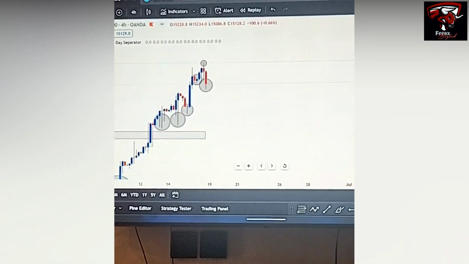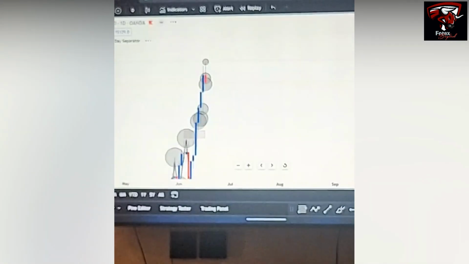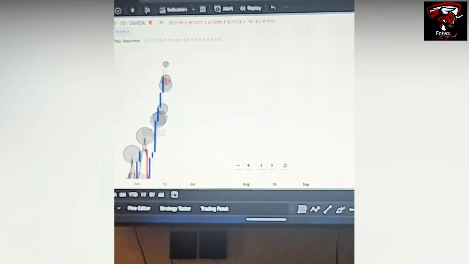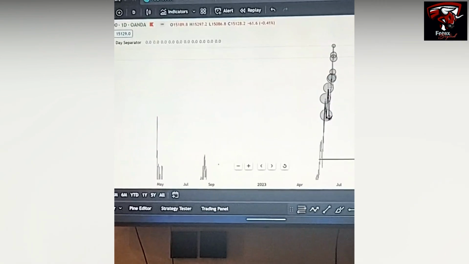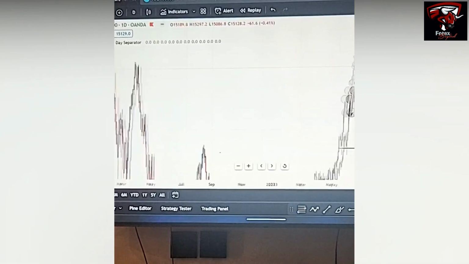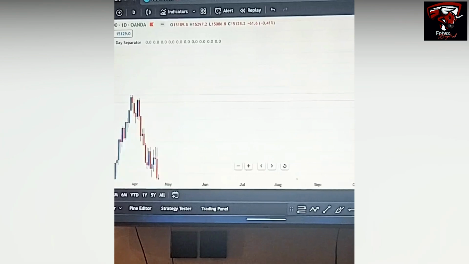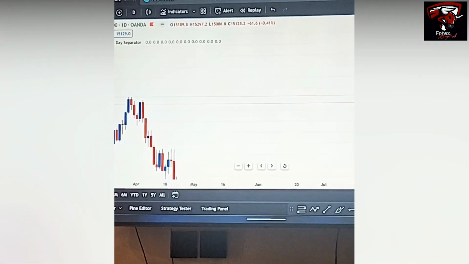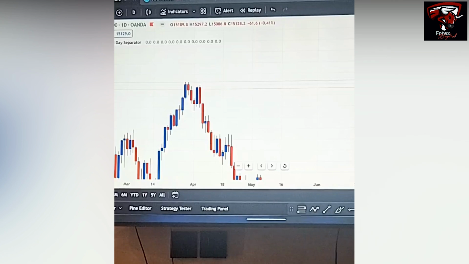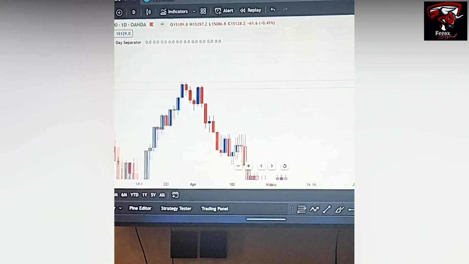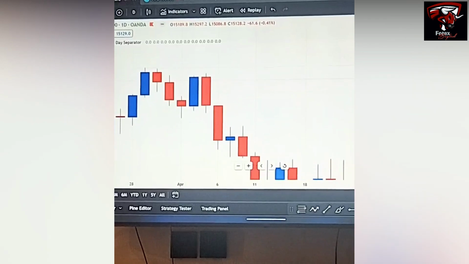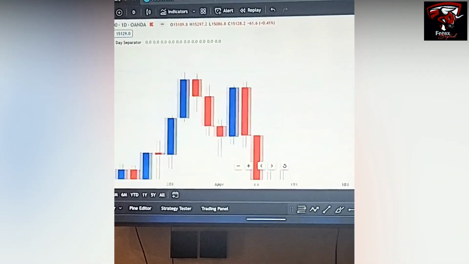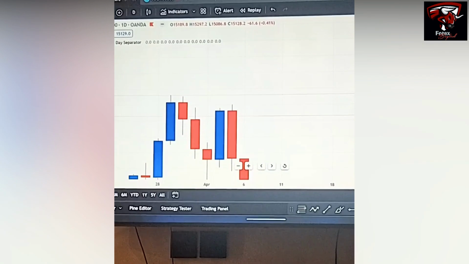So we go to a daily time frame and we start looking at, is there anything above us? Well, yes, there's liquidity. Funny enough though, not once at that level have they trapped the buyers.